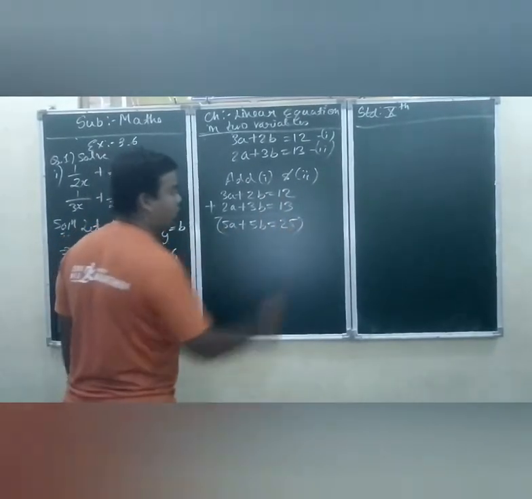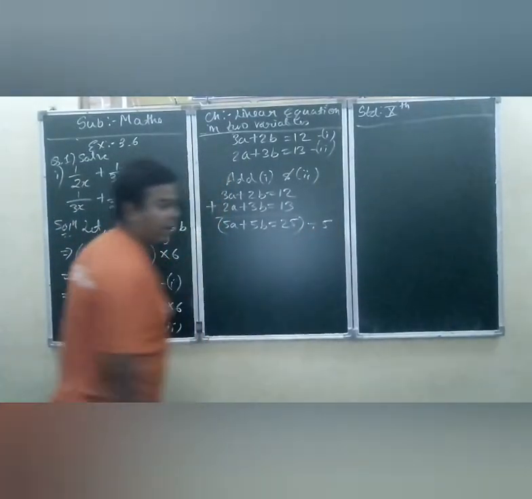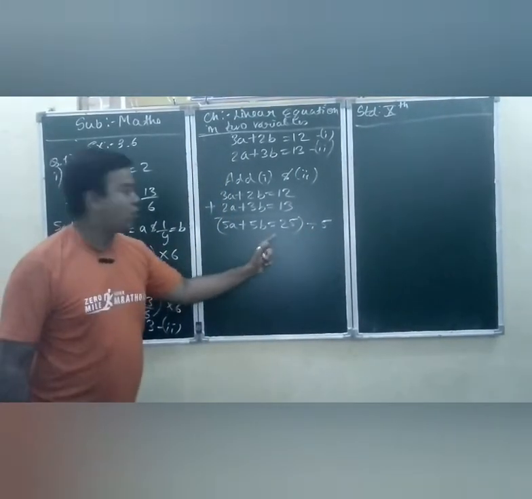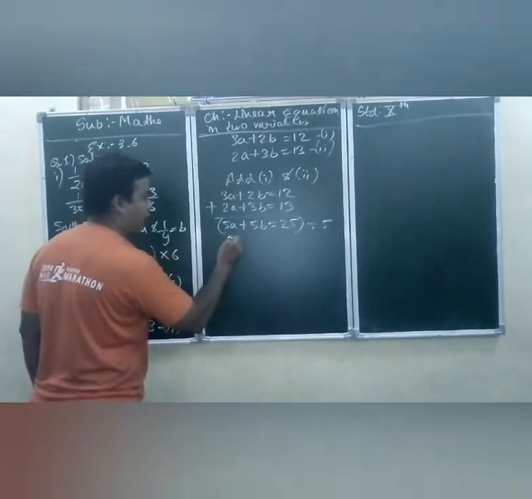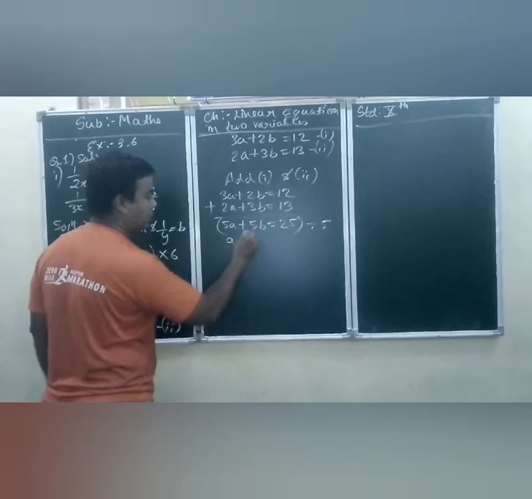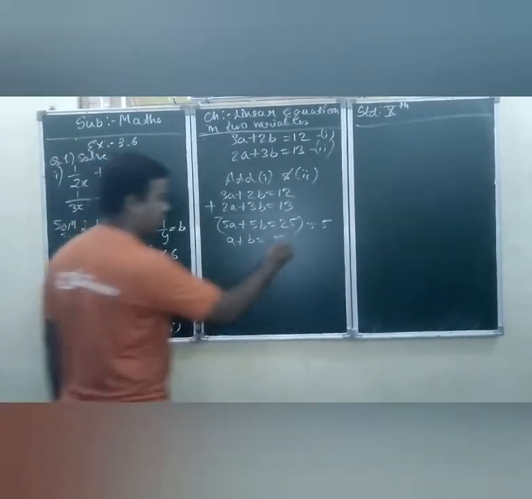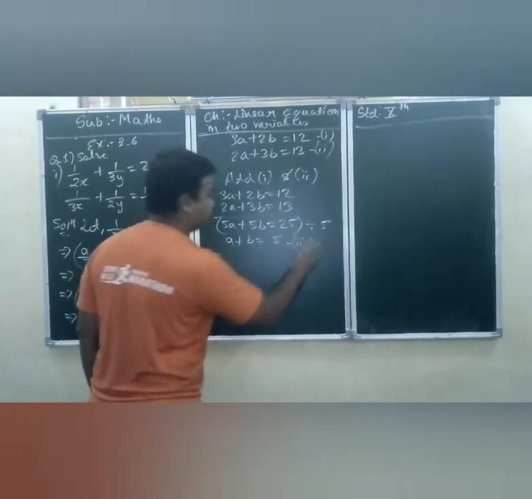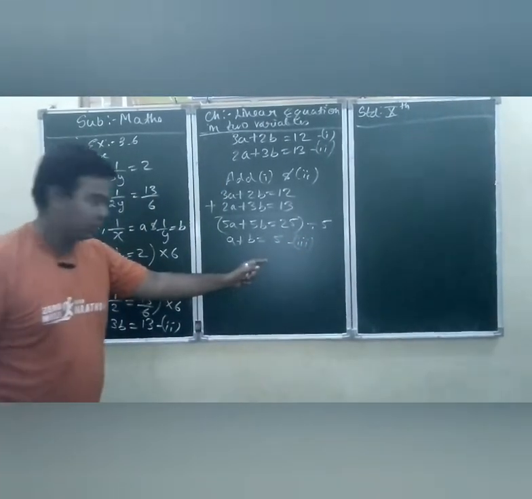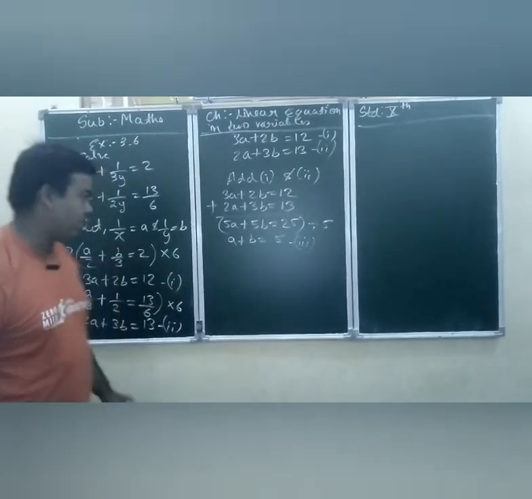Now divide the whole equation by 5. So 5a + 5b = 25 becomes a + b = 5. This is the third equation.